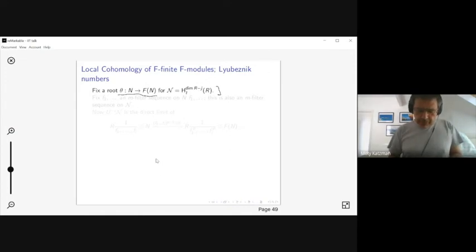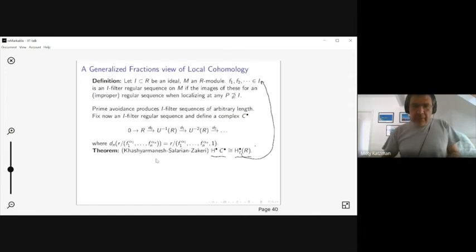When I showed you the magic of filter sequences, I want to make the magic more impressive. So I'm going to go here and put any R-module, non-finitely generated if needed.